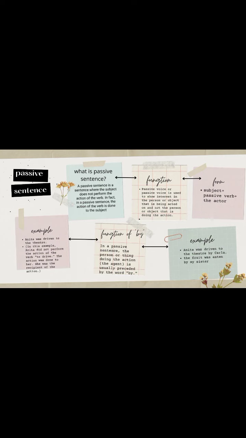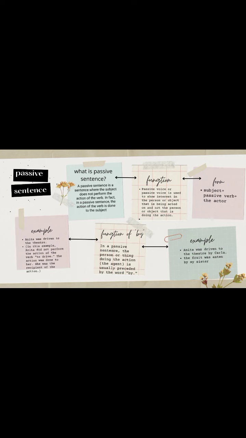So as you guys can see on the screen, passive sentence is a sentence where the subject doesn't perform the action of the verb. In fact, in a passive sentence, the action of the verb is done to the subject.